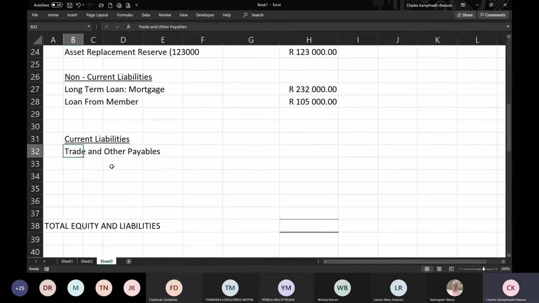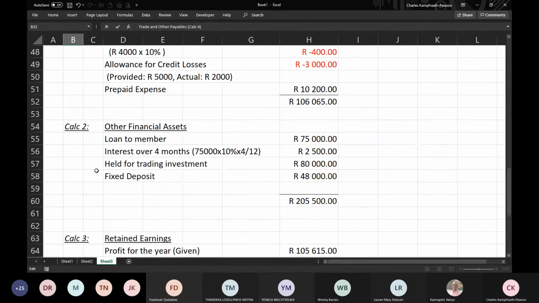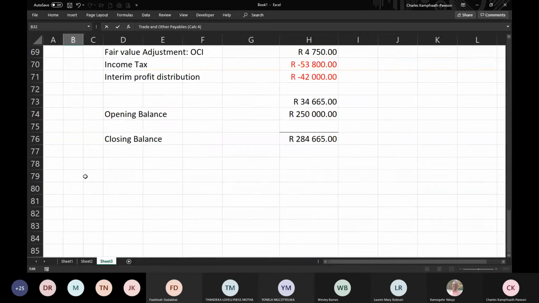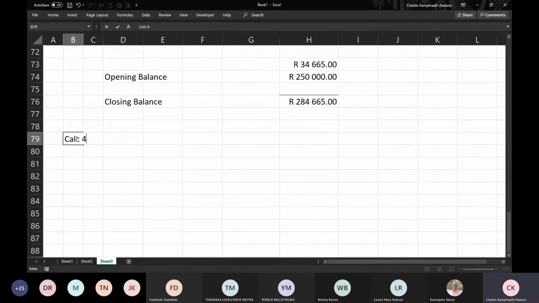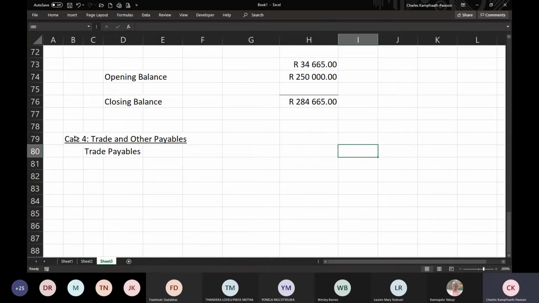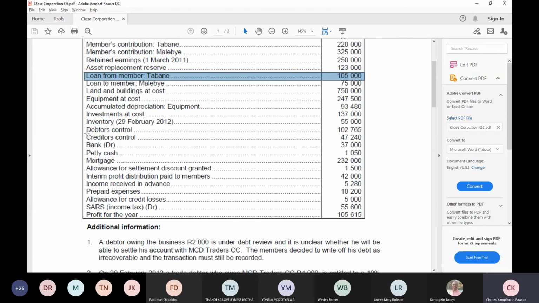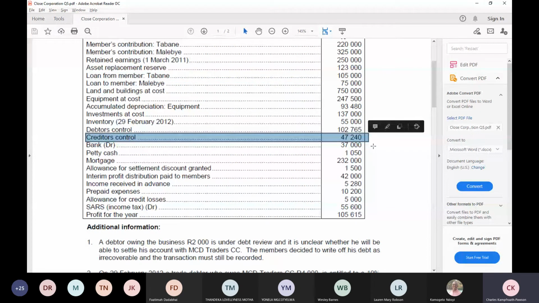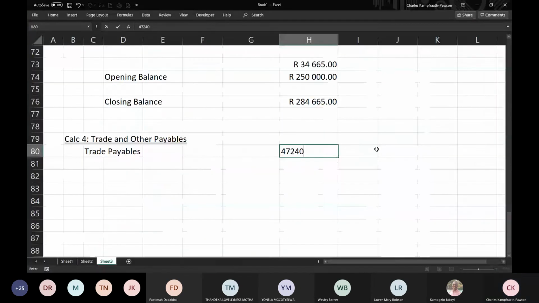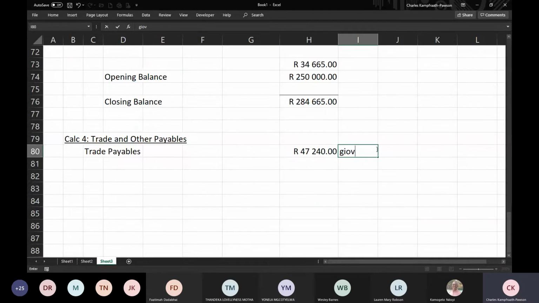Trade and other payables. Trade payables, it's the creditors' value, and that value is 47,240. That's the given amount.